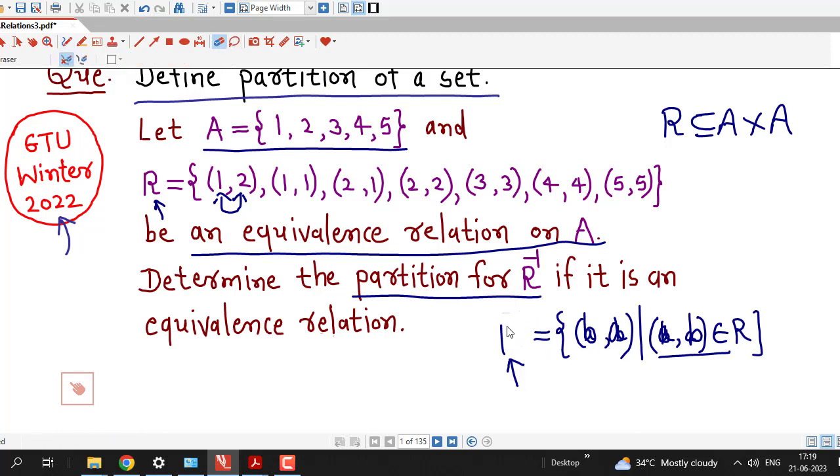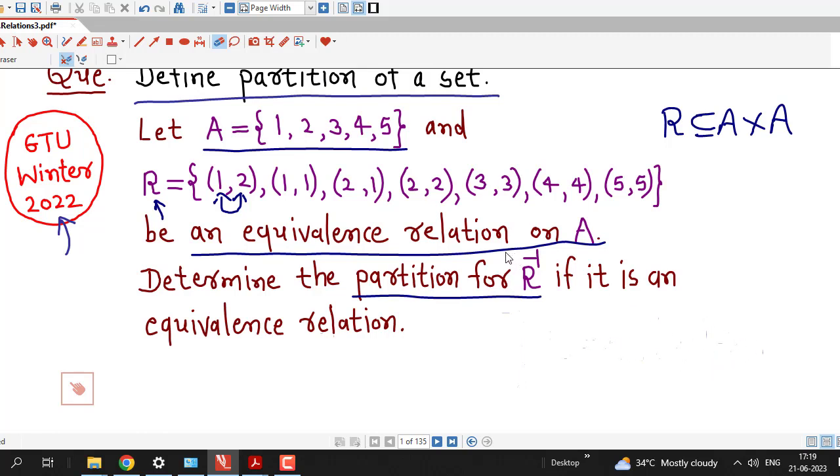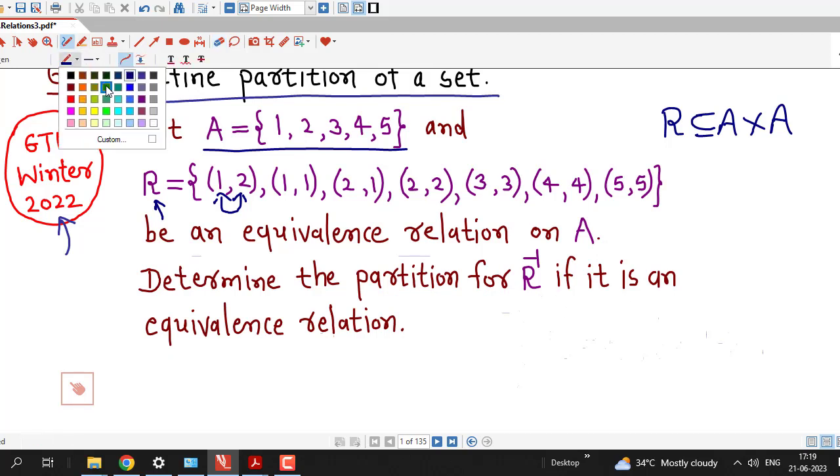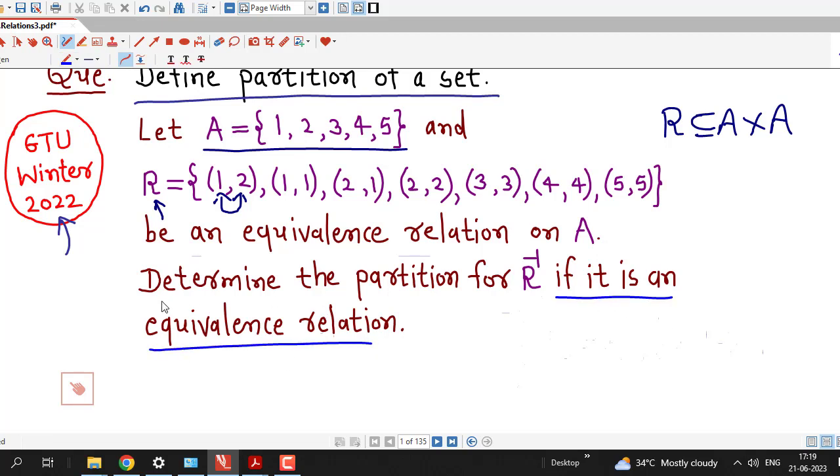And here it is given that R is an equivalence relation, and we have to determine the partition for R inverse if it is an equivalence relation. If R inverse is an equivalence relation, then we are asked to determine the partition of this set A corresponding to R inverse.